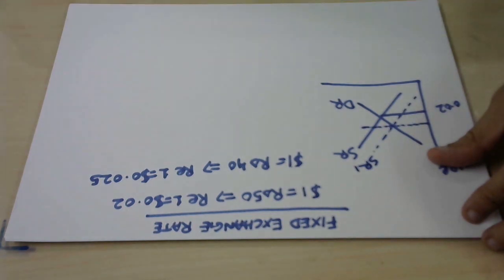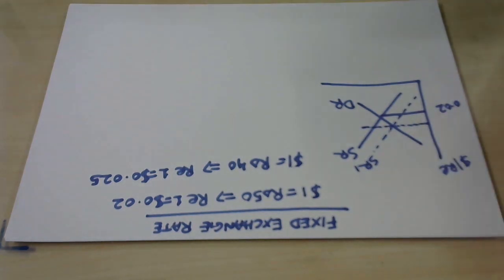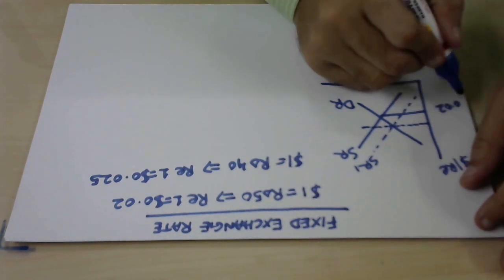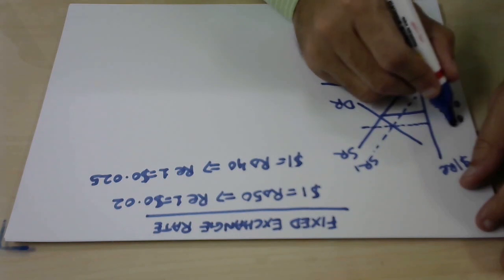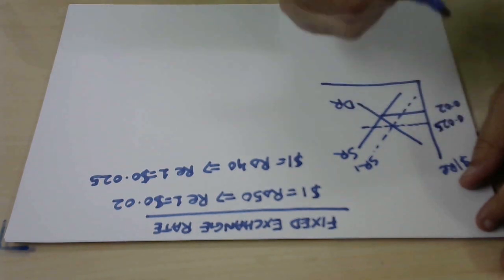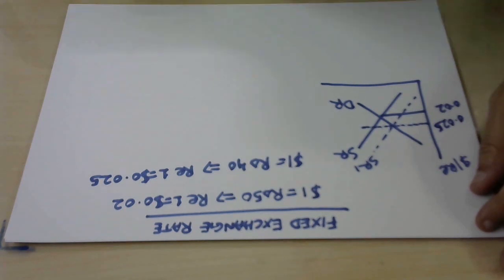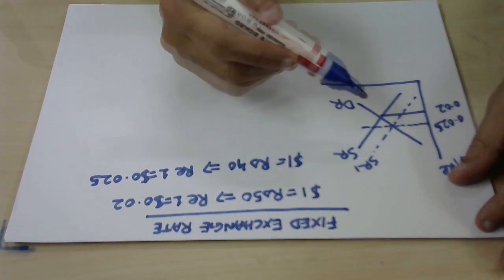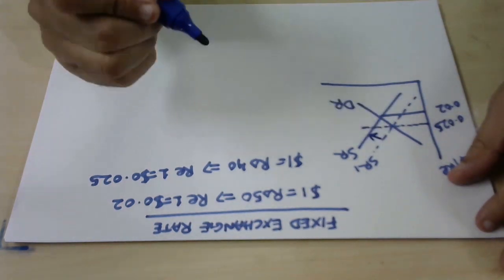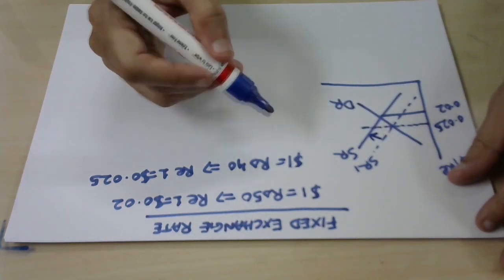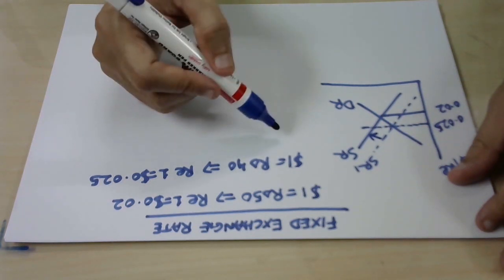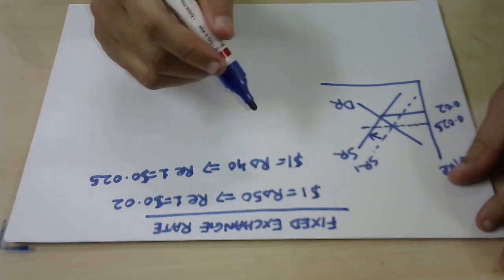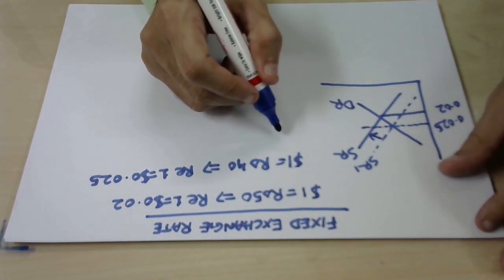If the rupee was appreciated because there were fewer rupees in the foreign exchange market for conversion into dollars, this situation is rectified through an increase in the supply of rupee, because people are buying dollars from the market and selling the dollars to the central bank, and in the process the money supply is increasing.